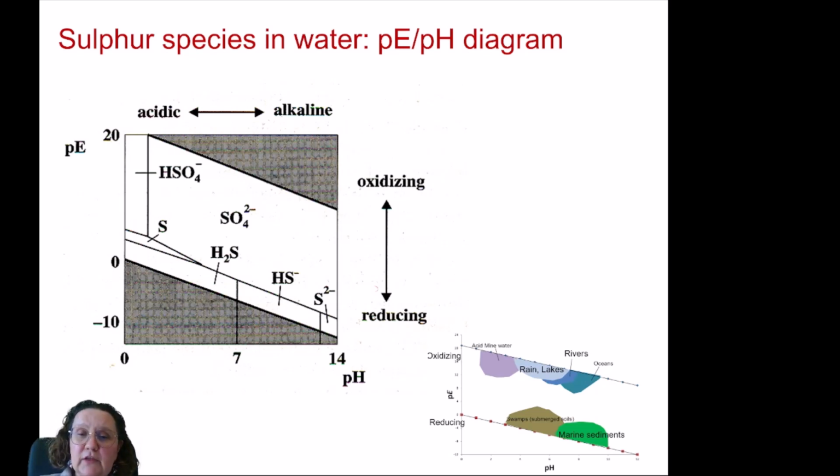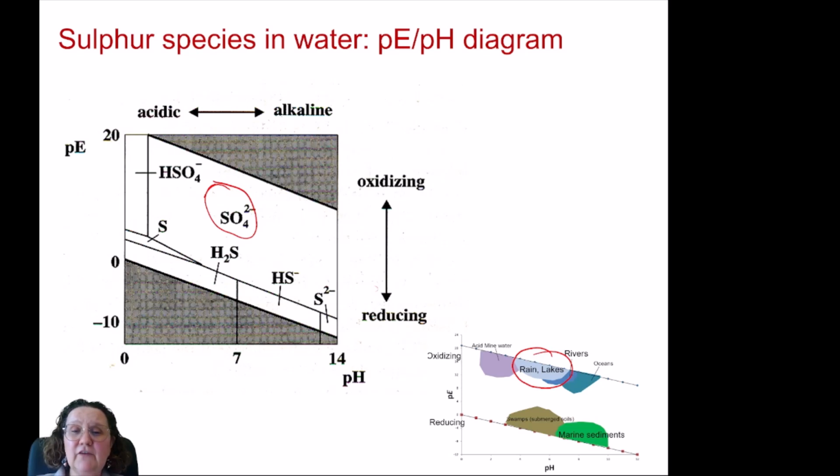Well, lakes, here I've got this little image, are around a sort of neutral, slightly acidic to neutral pH, and they are oxygen-rich environments. They're oxidizing conditions. So what sort of species, how am I going to have my sulfur? Likely I will have it probably in the form of sulfates, which cover most of this area.